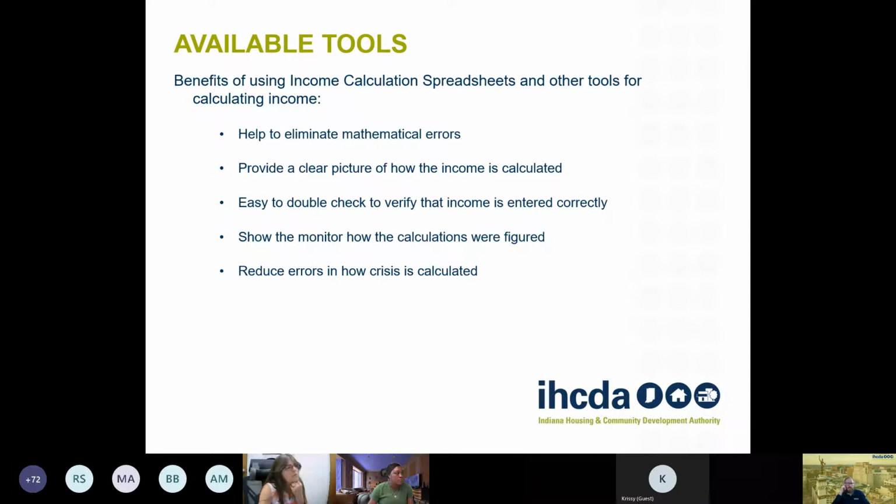But by taking away the burden of the calculation, it makes that human error more of a mechanical than a process error. It provides a clear picture of how the income is being calculated. It makes it easier to double check and verify that income is entered correctly. It shows our monitor, and by extension, any potential HHS monitor, how those calculations were figured, and it reduces errors in how crisis is calculated.